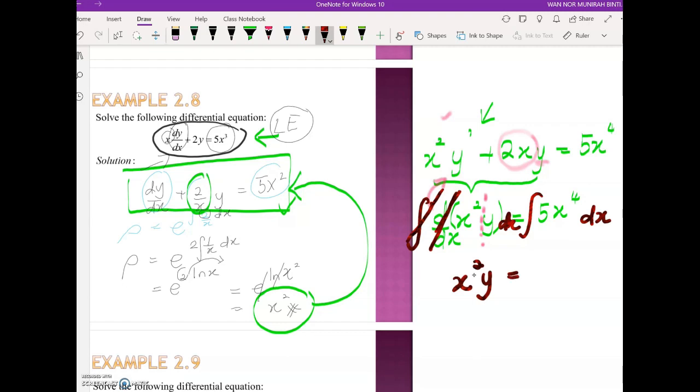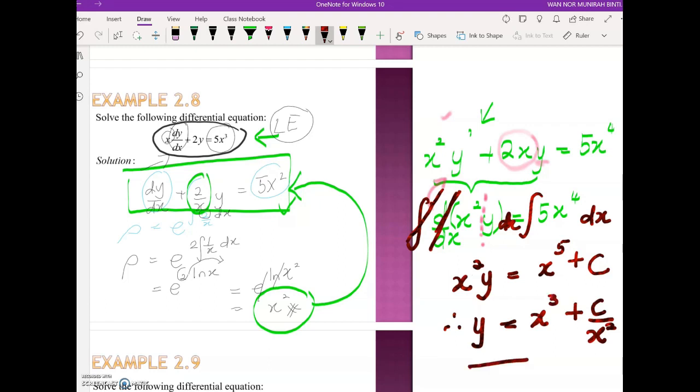My right hand side I have to integrate, direct integration, so that I have 5x to the 5 over 5, so this one is x to the 5, plus a constant c. If I want only y on my left, I simplify and then I have x cubed plus c over x squared, or c times x to the power of -2. So this is my general solution.